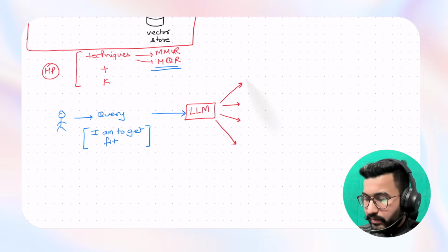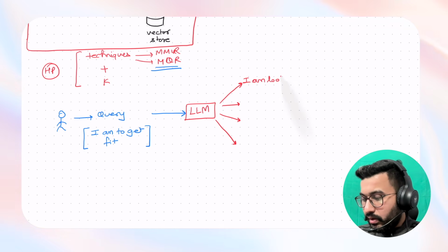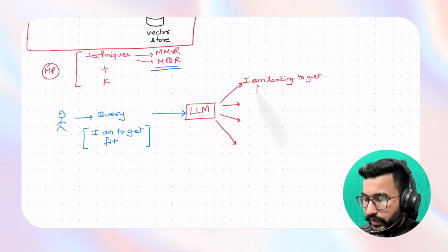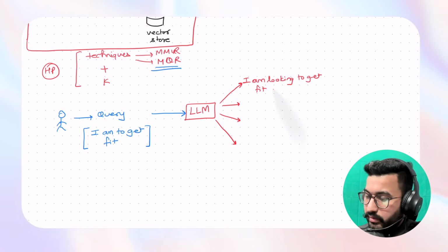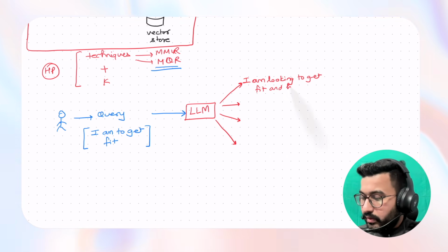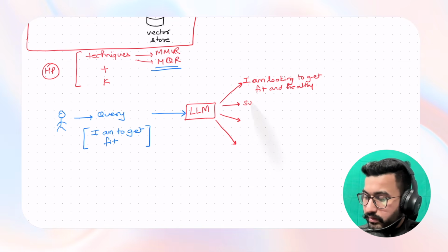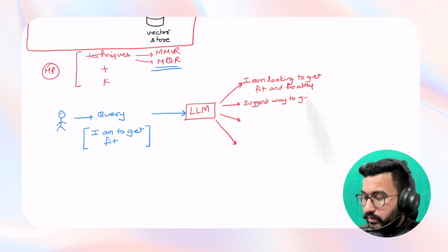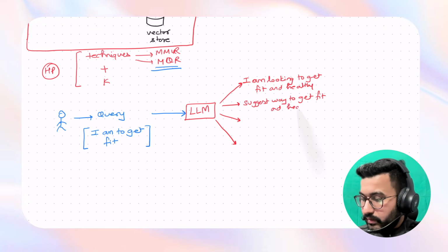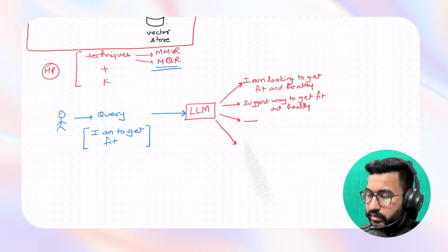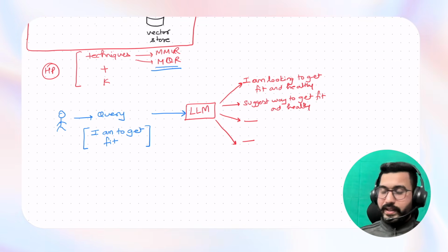One is: I am looking to get fit, get fit and healthy. Similarly, let's say the next one is: suggest ways to get fit and healthy. So like this, it will generate 4 different queries.